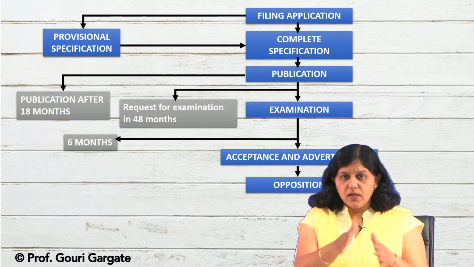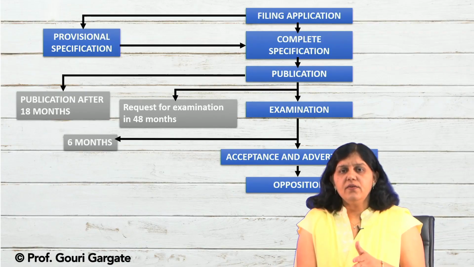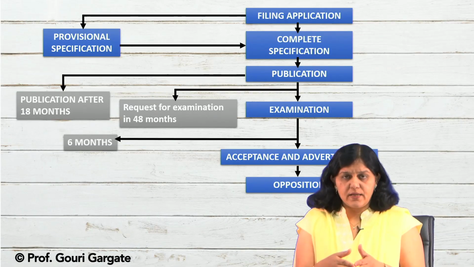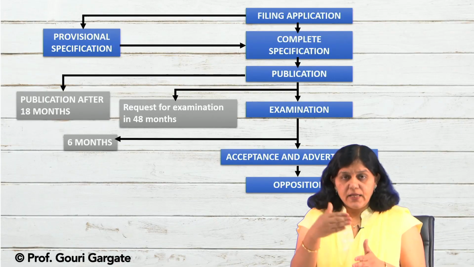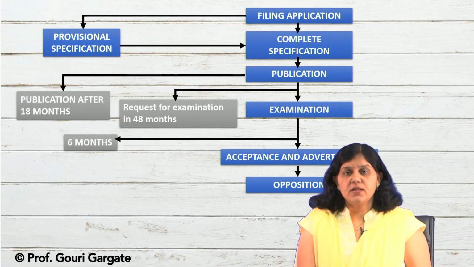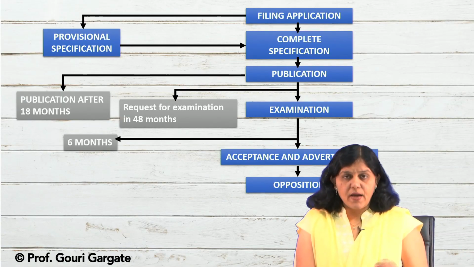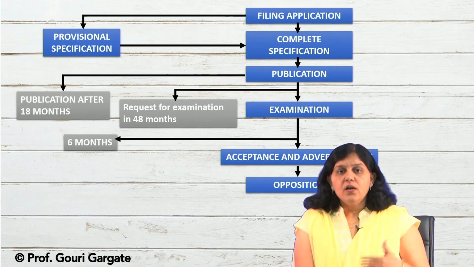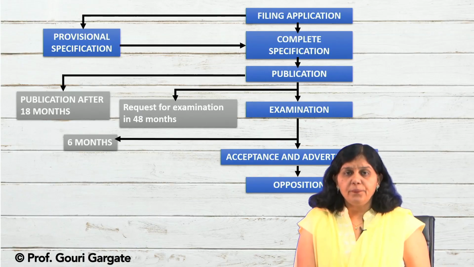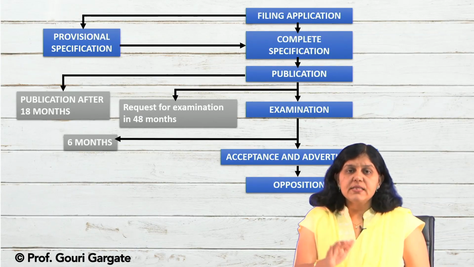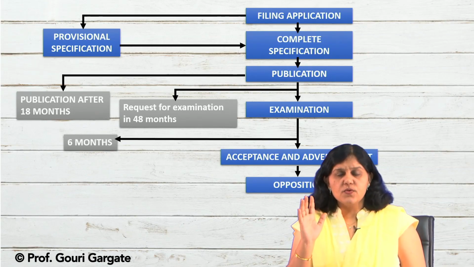Okay. After publication, if anyone feels that this application should not be granted, then that person can file a request to the patent office by filing the requisite form, and that is called a pre-grant opposition. Then what is a post-grant opposition? Post-grant opposition is a process where the person skilled in the art, we remember this POSITA thing, right.